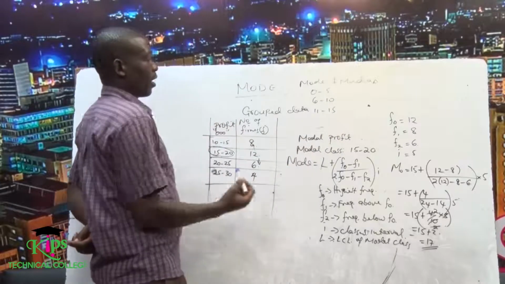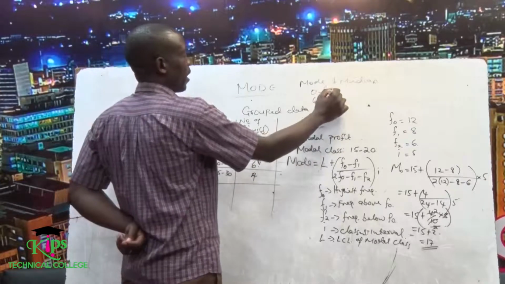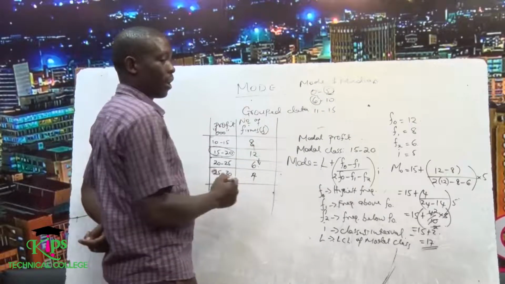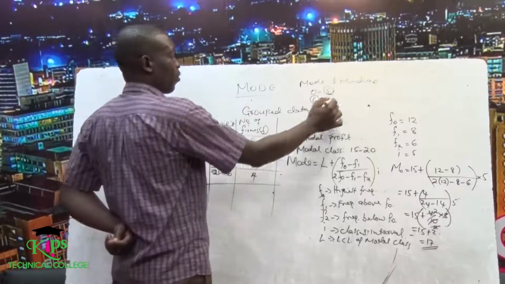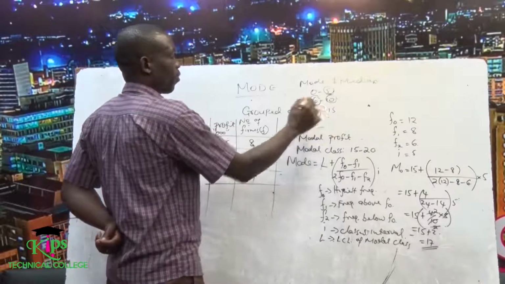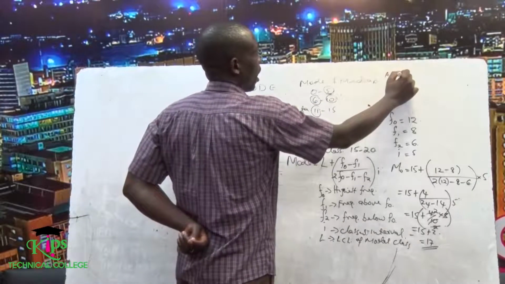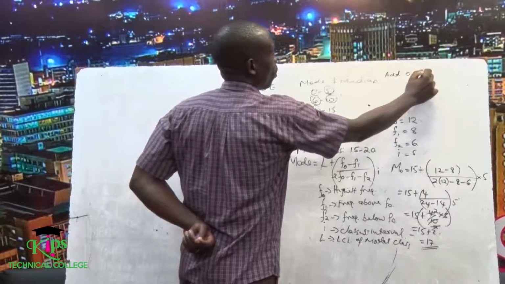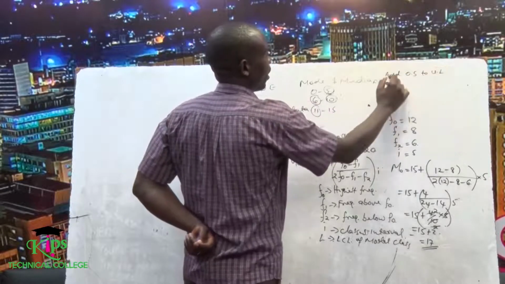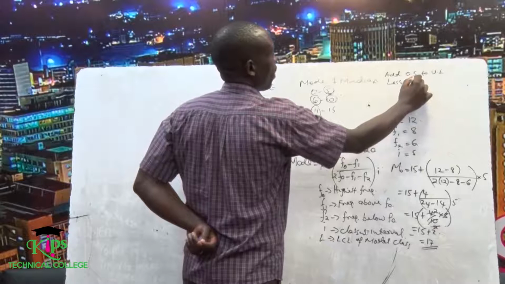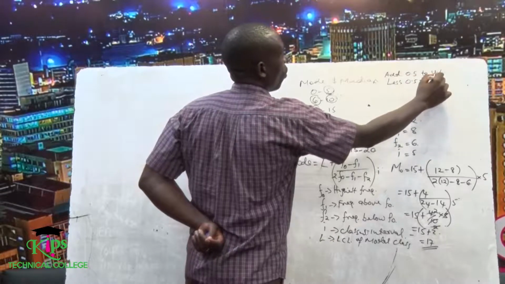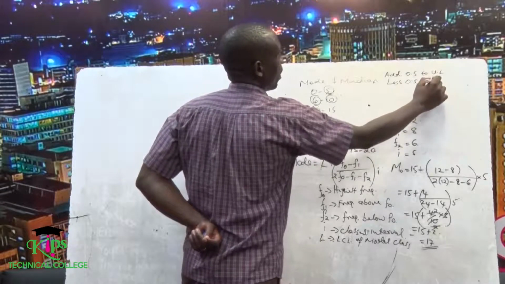Where one class is ending is not where the next one is beginning. So we need to do this: you add 0.5 to upper limits, you subtract 0.5 from lower limits.